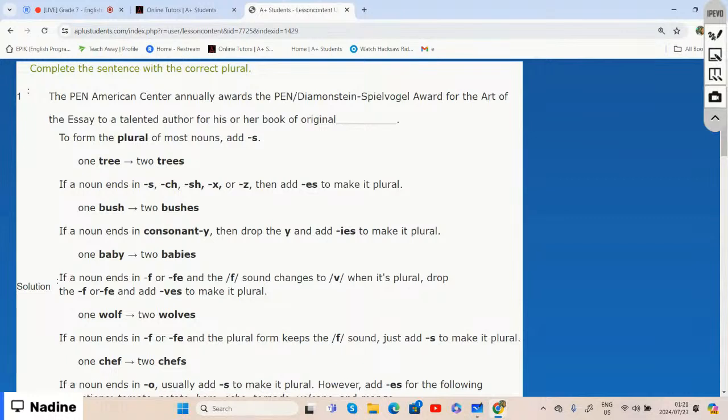And remember, plural noun refers to more than one person, more than one place, more than one thing, more than one animal, right?